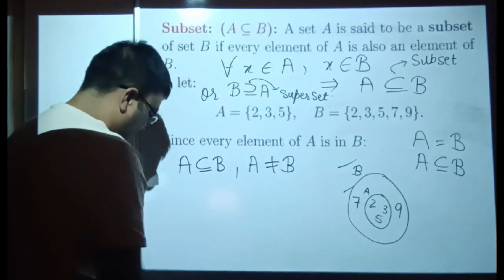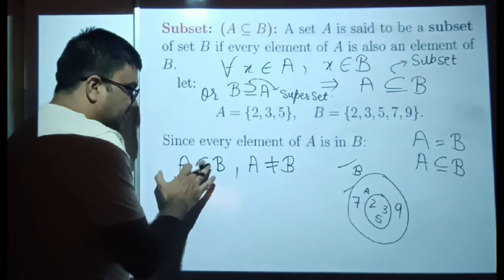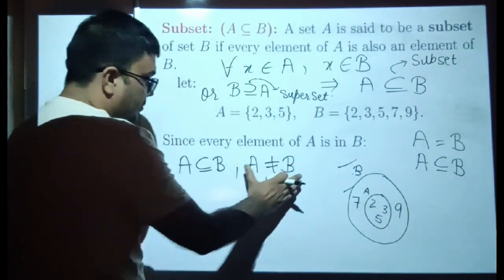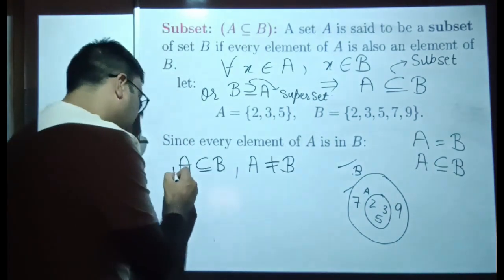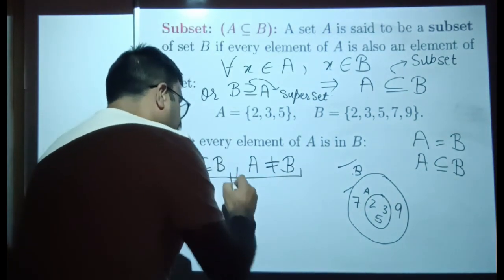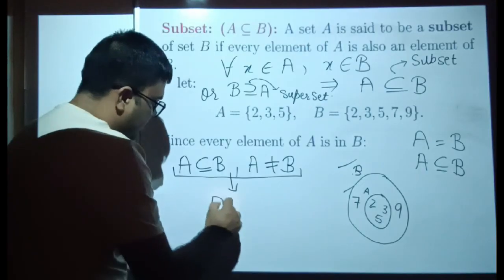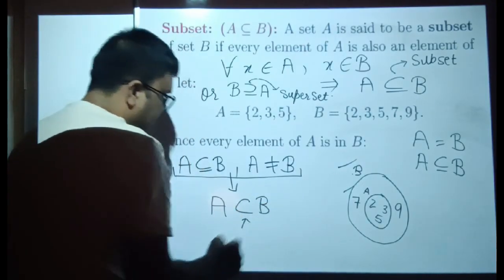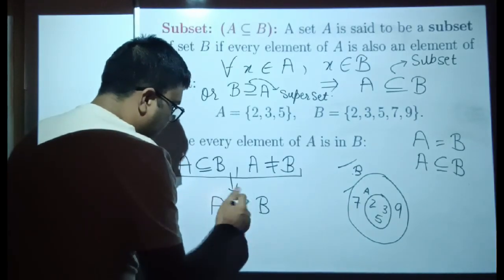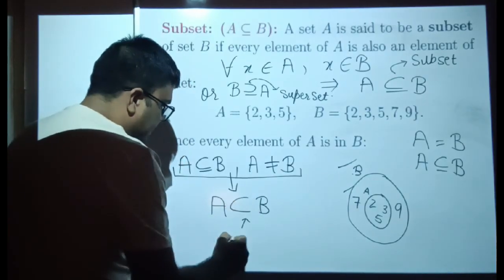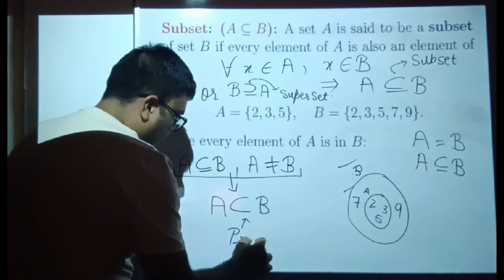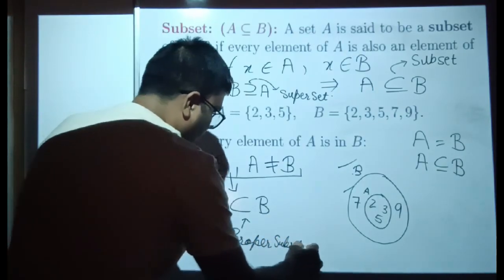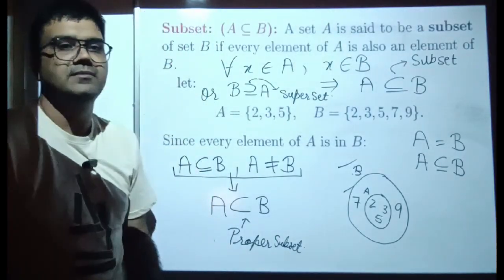I am again explaining. We have A is a subset of B, but A is not equal to B. If both these conditions hold for two sets, we write it with this symbol. This is the symbol for proper subset.